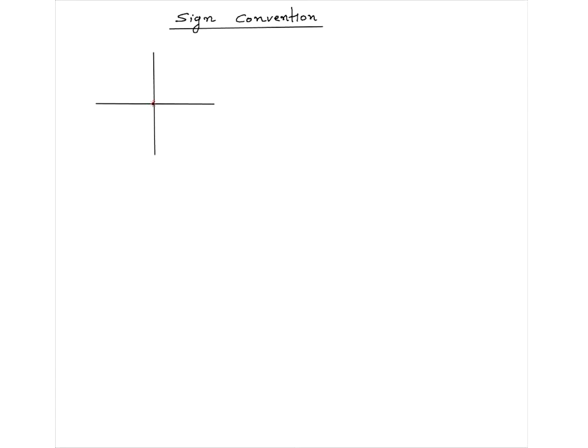If this is a pole and the mirror can be concave or convex, then the reflecting side we are assuming is on the left side. So rays will come from the left, this will be the reflecting side, whether it's a concave mirror or convex mirror. Right side will be positive, left side will be negative, upward will be positive, downward will be negative.